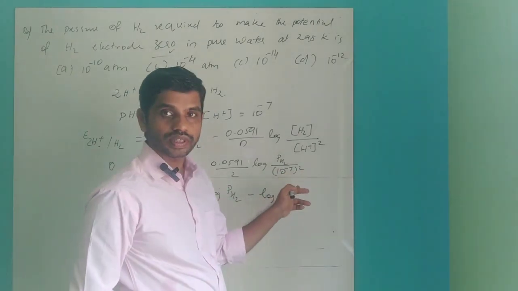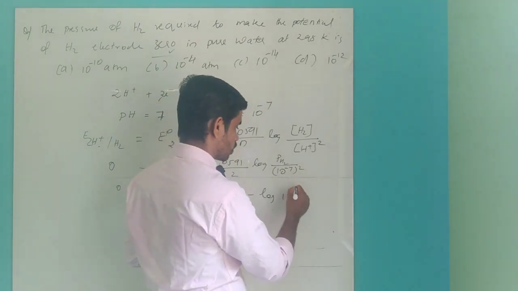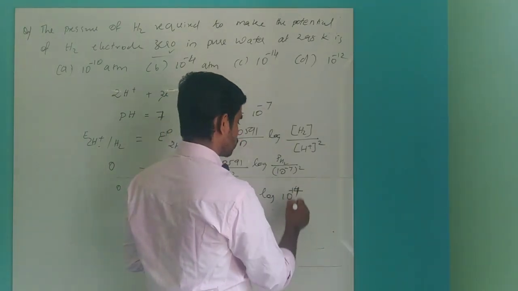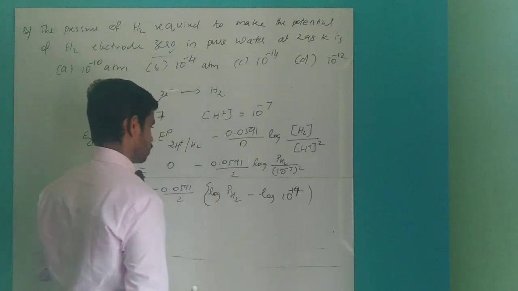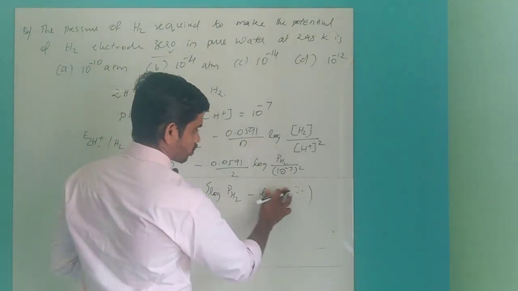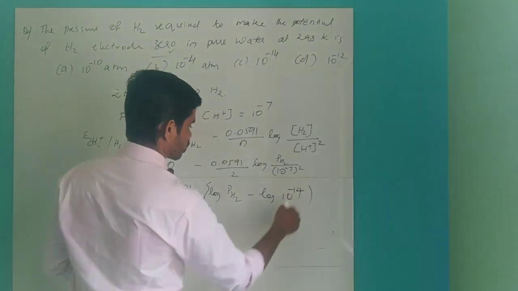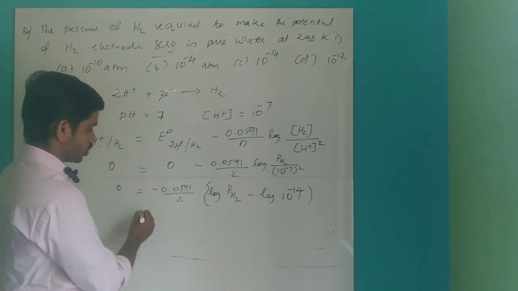So 10 power minus 7 squared is 10 power minus 14, right?